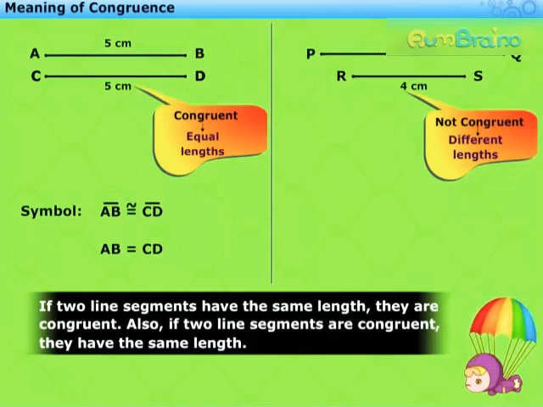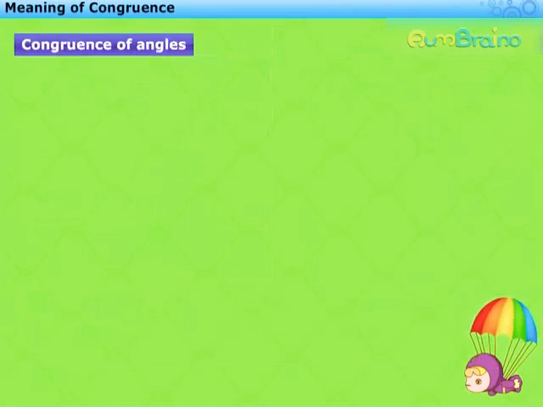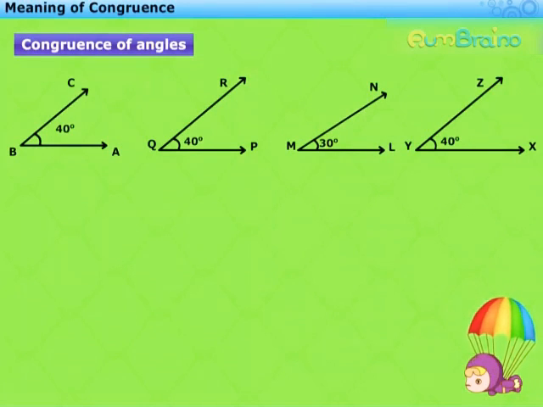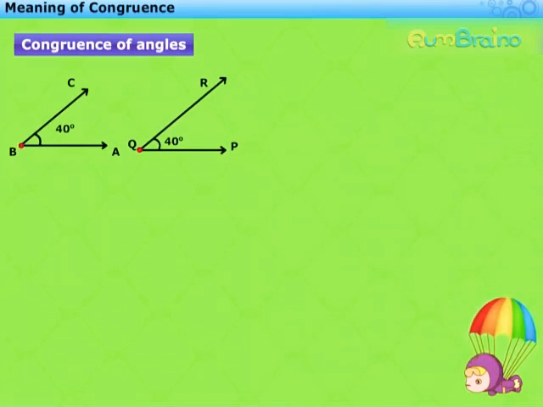Now we will study congruence of angles. Look at the 4 angles given here. First, place Q on B, ray QP along ray BA, and ray QR along ray BC.